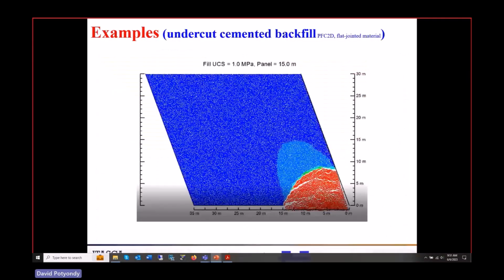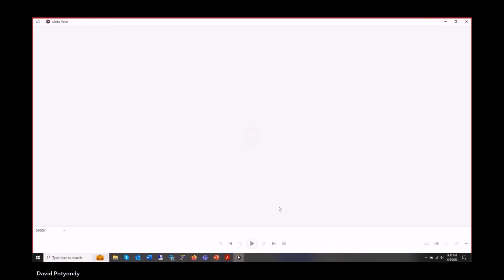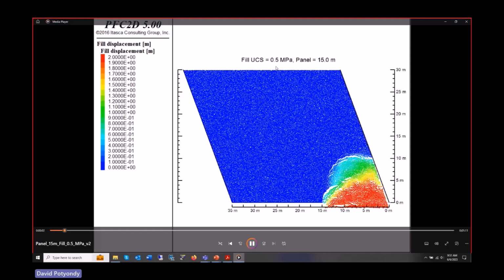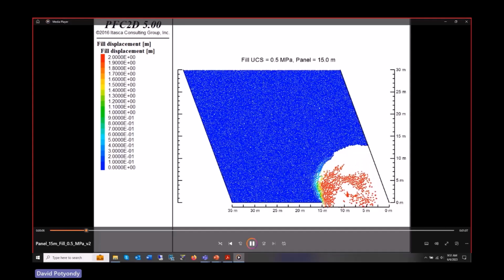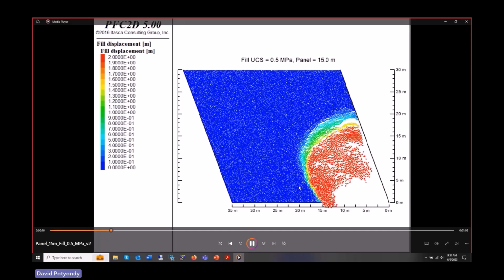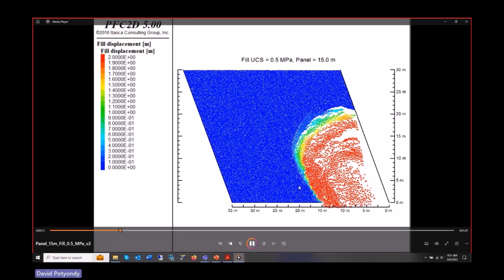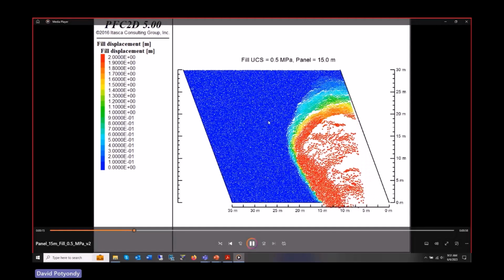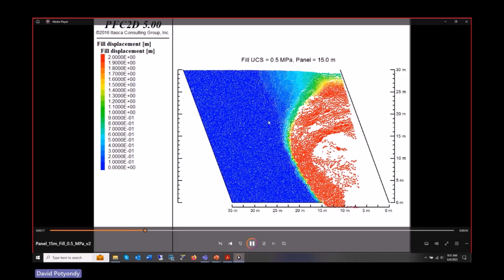All right. Then if you look at this case, first we'll look at the UCS of 0.5 and we undercut it, and you can see it's not quite strong enough. So this is the bonded system, right? This is cemented backfill that's had micro properties chosen to have a UCS of 0.5, and you can see it's failing.